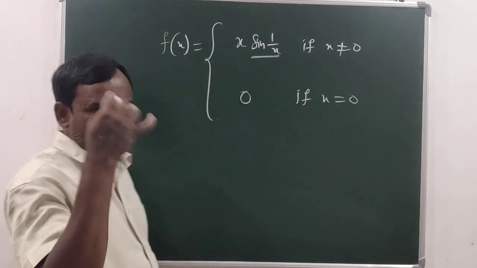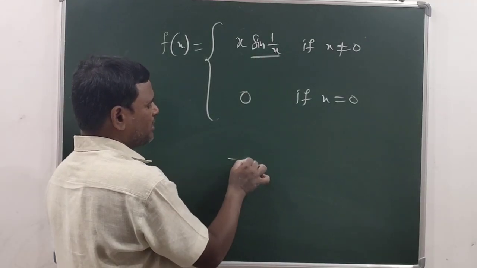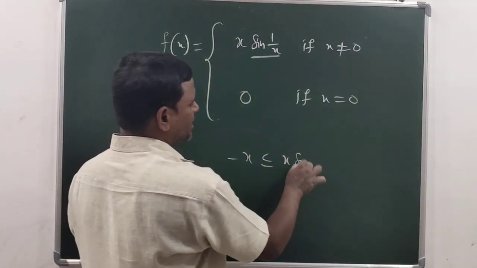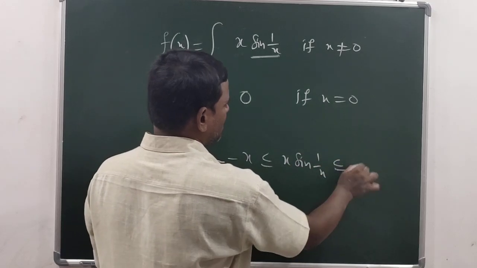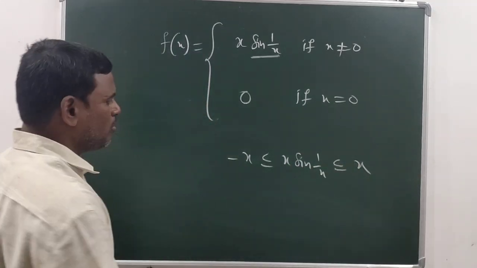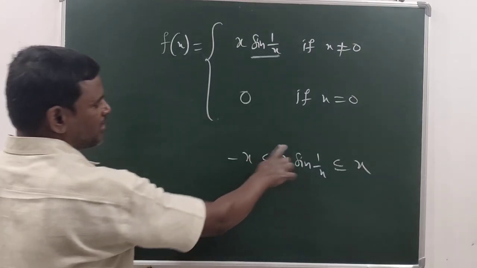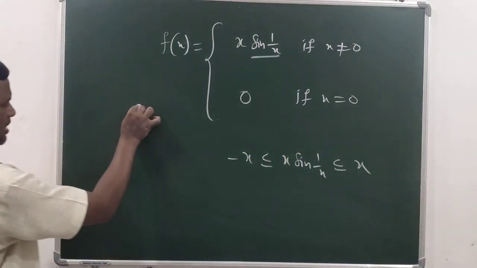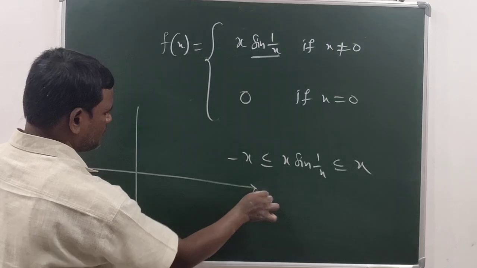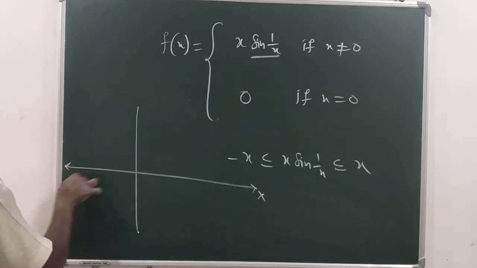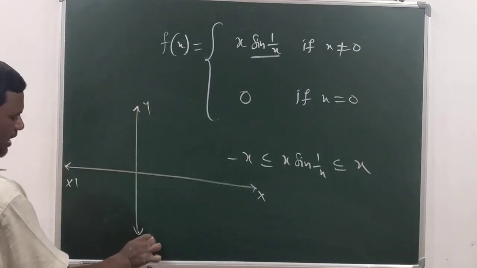Otherwise, you can think like this. See, the boundary is minus x less than or equal to x sin 1 by x less than or equal to x, you know. Now, draw the graph of this function. See, x dash, y dash.